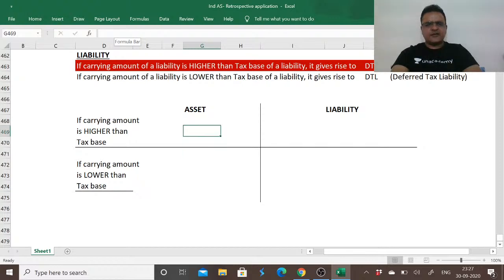If we're dealing with an asset, if carrying amount of an asset is higher than tax base of an asset, it gives rise to DTL. If carrying amount of an asset is lower than tax base of an asset, it gives rise to DTA.